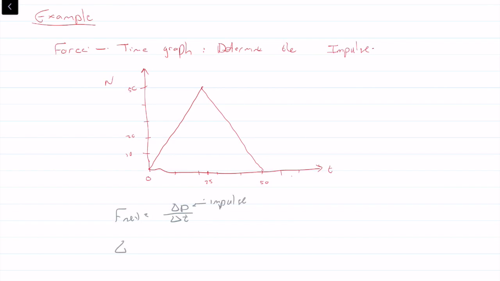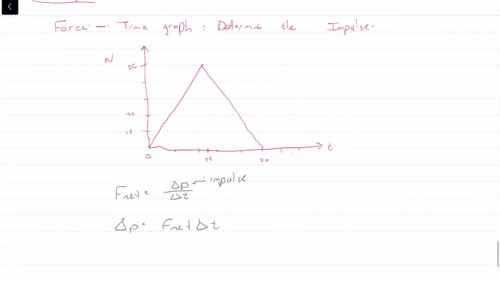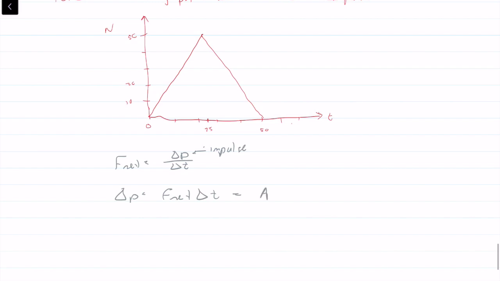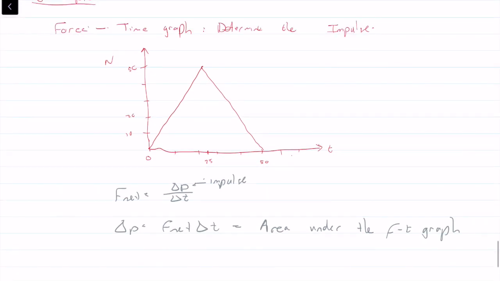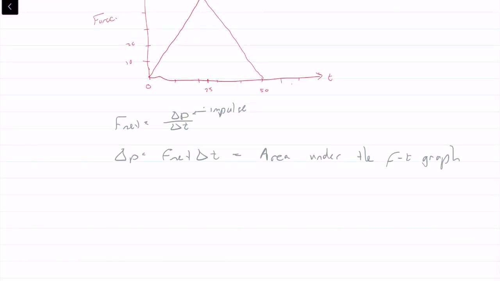So delta P equals F net delta T, and that's just equal to the area under the force time graph, right? Because if we say force, which is in newtons, times time is F net delta T.